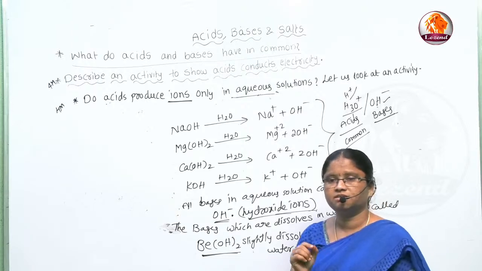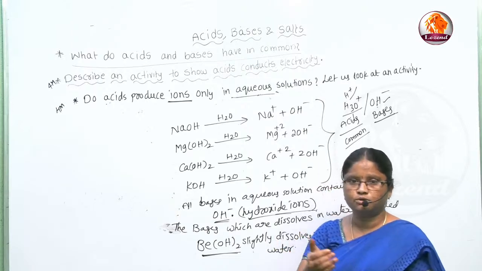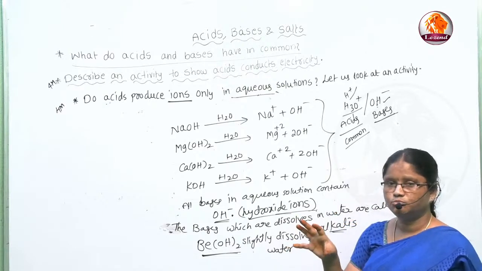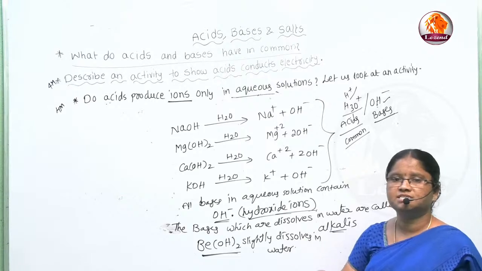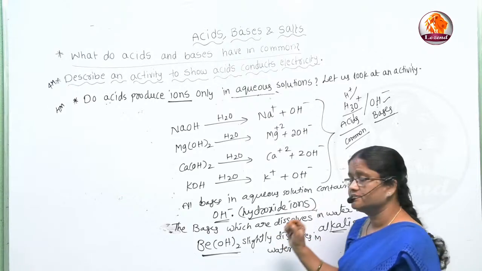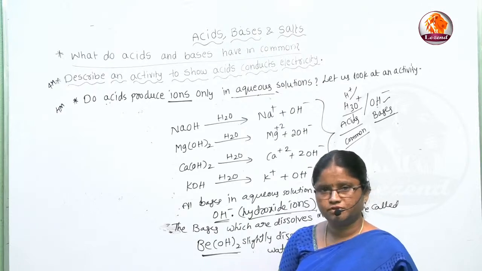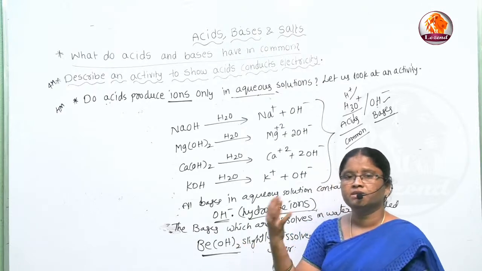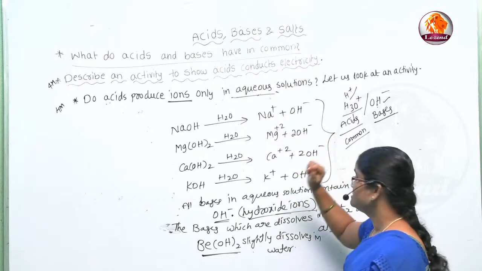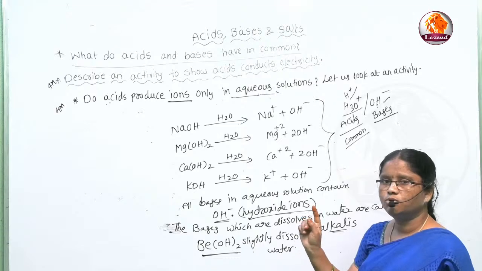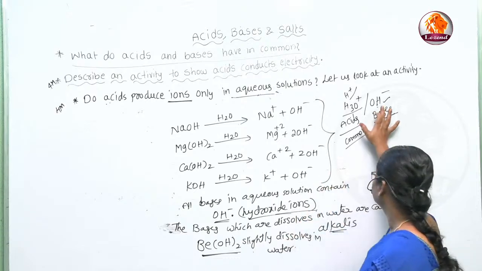To conduct electricity we need movement of ions from one electrode to another to glow the bulb in the circuit. That movement of ions is present in acids and bases. From this activity we also confirm the common ion in acids, hydrogen or hydronium ion, and in bases, hydroxide ion.